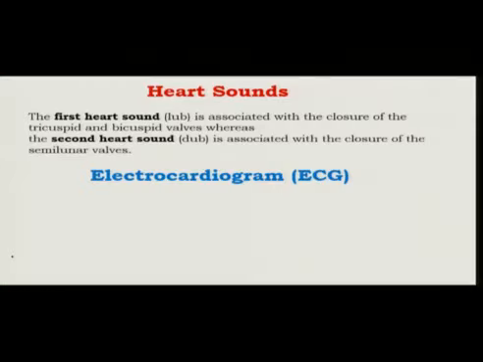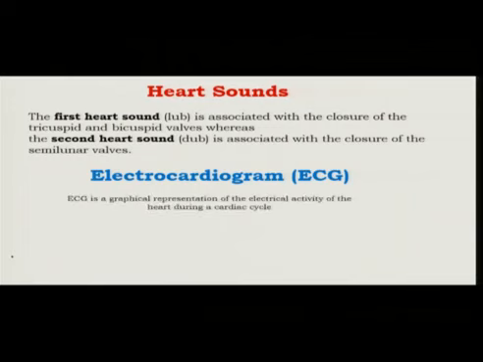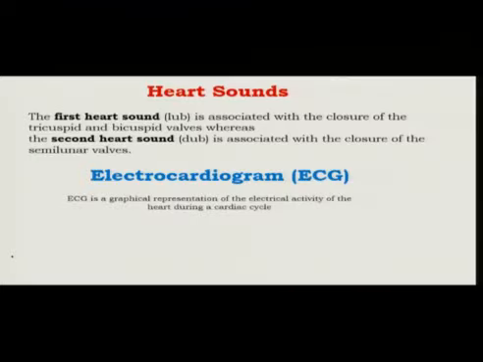The machine that actually does this is called the electrocardiograph. This electrocardiograph machine is measuring the electrical activity of the heart, and this is represented graphically throughout the cardiac cycle. The whole output of the electrocardiograph machine is called the ECG or electrocardiogram. Now, how is this done?